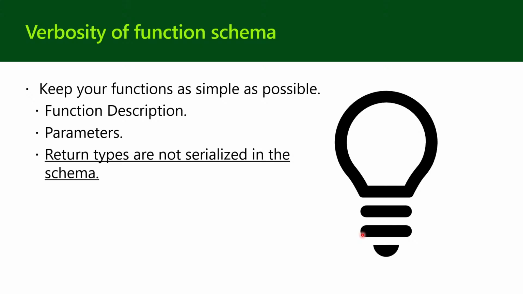But the best practice here is that return types should also be as simple as possible. Otherwise, the AI model will not understand what this return type is for. Again, you need to keep it as simple as possible. Okay? That's the first best practice.